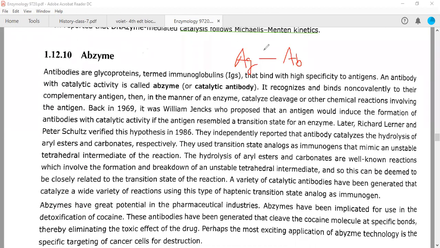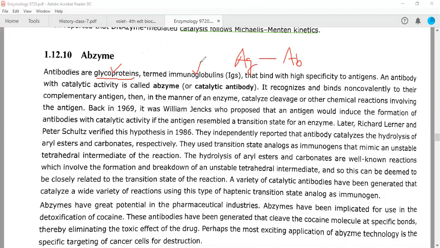So these antibodies have some nature. This is a direct question. They are glycoproteins. They are not only proteins, they are glycoproteins, because they have proteins plus carbohydrates. Some carbohydrate moieties or sugar moieties are added over the Fc fragment of these antibodies, so they are glycoproteins. These are also called immunoglobulins because they are able to mount an immune response.